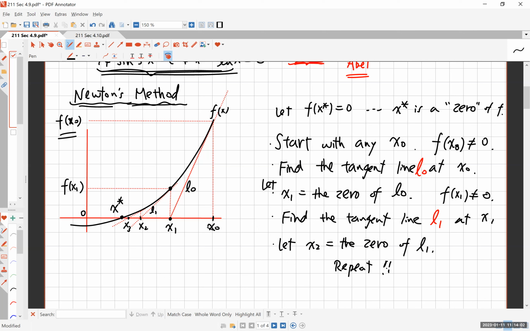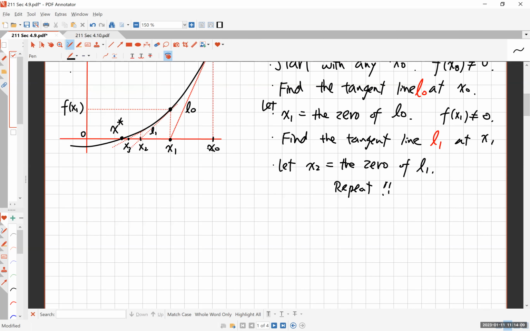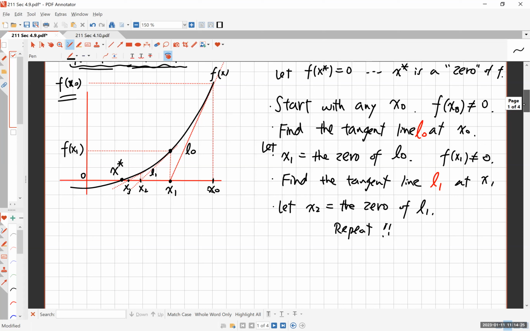When do you end? Well, you never do. This goes on infinitely long. Of course, that's not going to happen, right? You'll find that by 3 or 4 iterations, your values are going to be so close that they are the same.